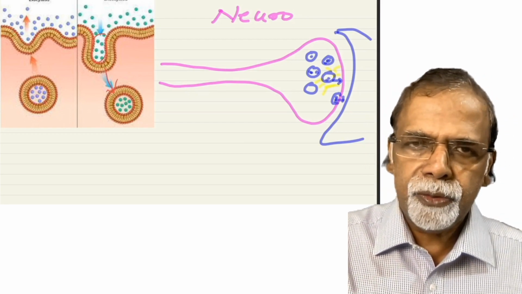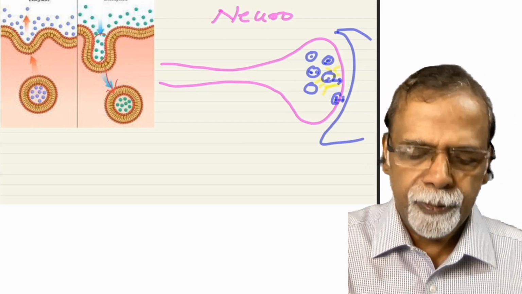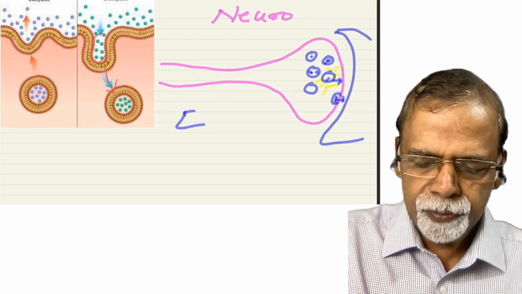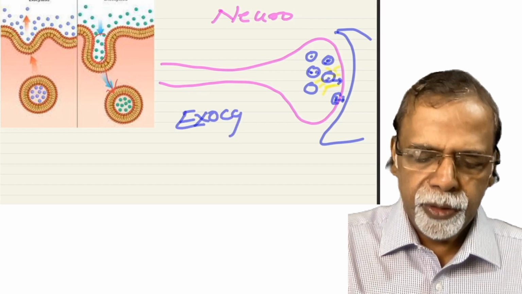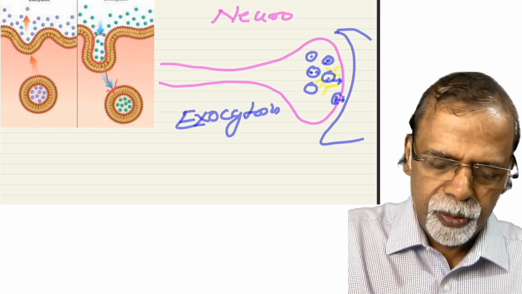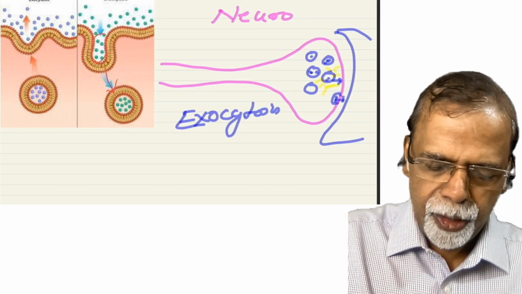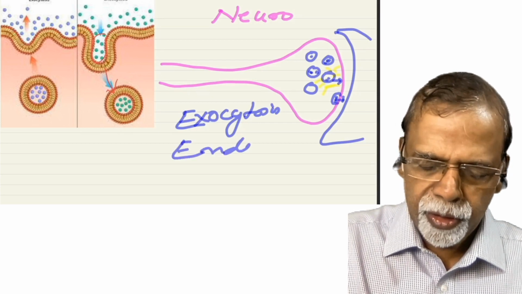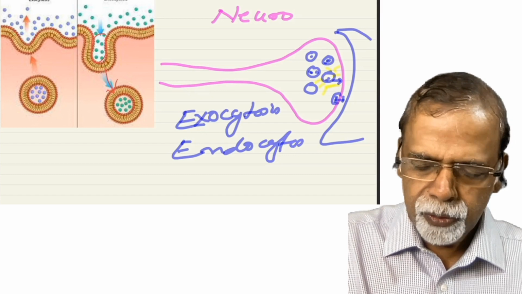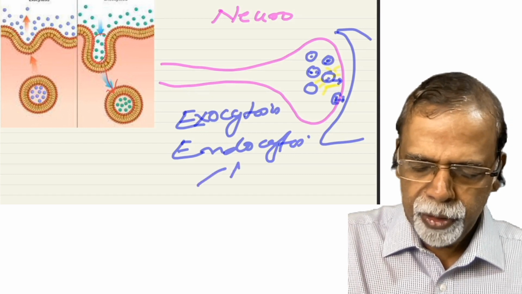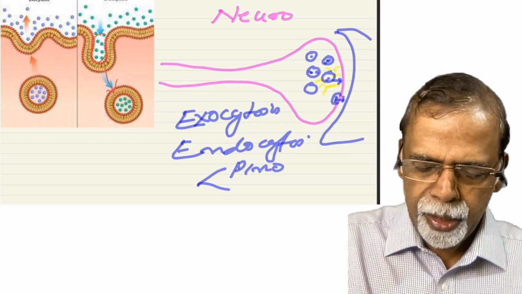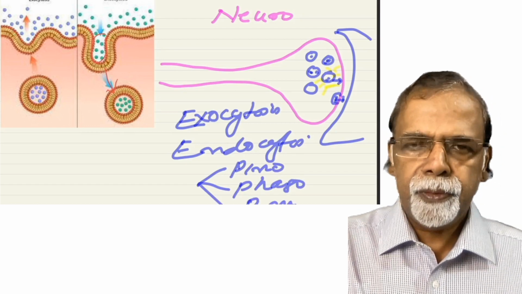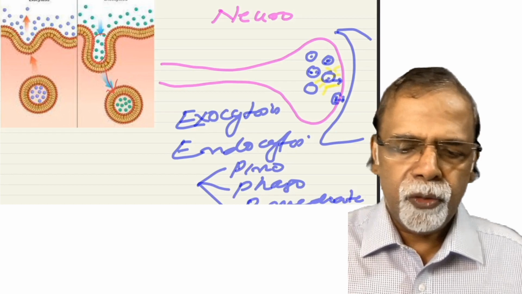So transmission of neurotransmitters is an example of exocytosis. So today I have discussed about exocytosis and endocytosis. Endocytosis is divided into pinocytosis, that is drinking, phagocytosis, eating, and receptor-mediated endocytosis.